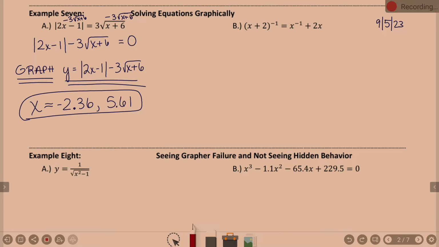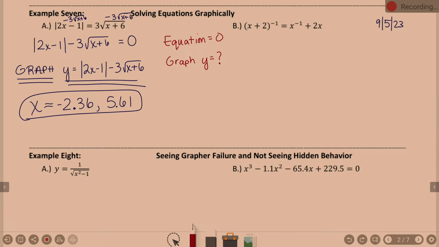Are you getting the calculators to cooperate? That's half the battle, isn't it? Okay, so a few reminders here. The first thing we did is we made sure we got that equation equal to 0. After we got that equation equal to 0, we then graphed it as y equals whatever it is.